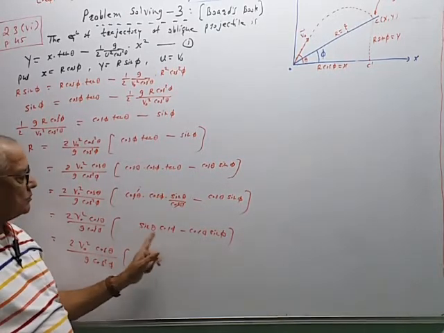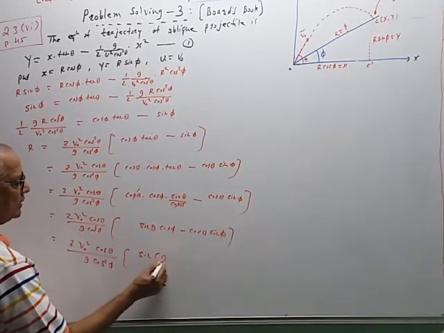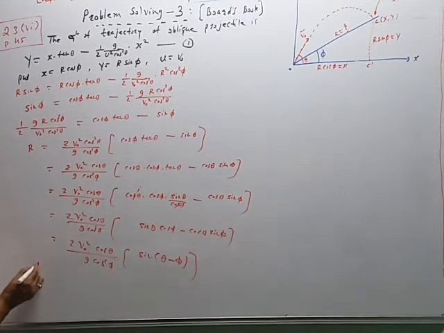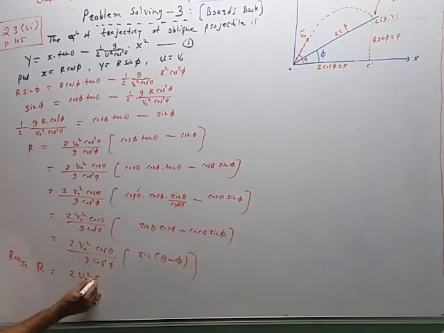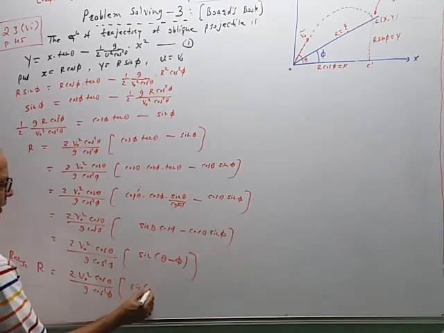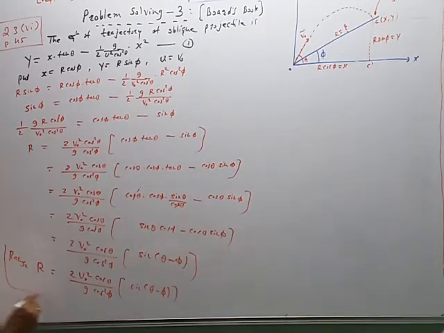This is the expansion of sin(A minus B), so this is equal to sin of theta minus phi. So this is the value of R. The range R is equal to 2 v0 square cos theta upon g cos square phi into sin of theta minus phi, like this. This is the required result.